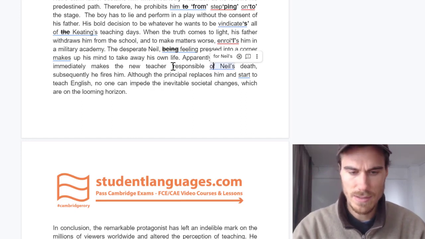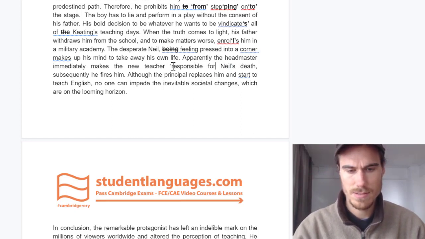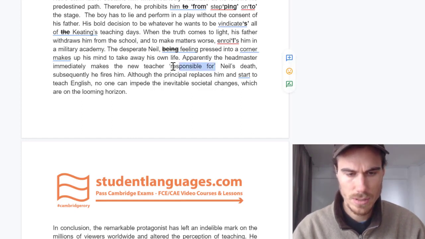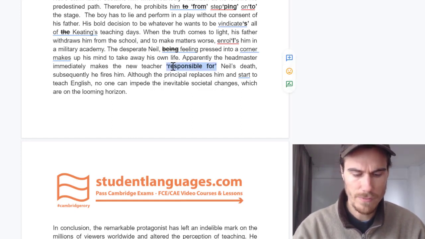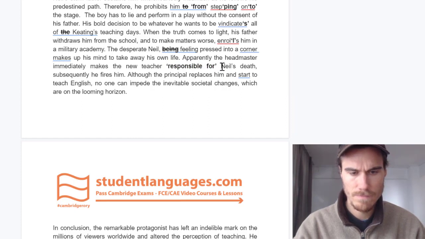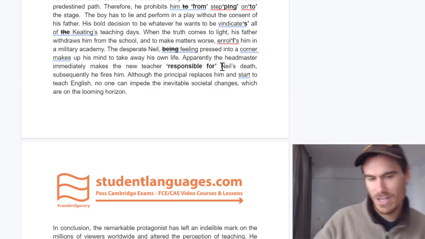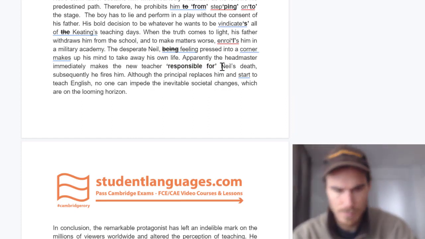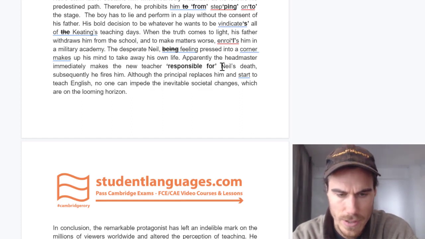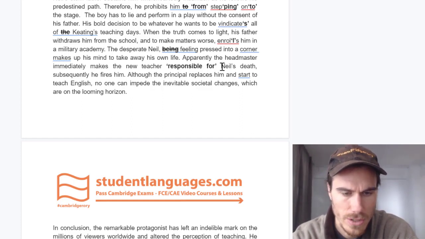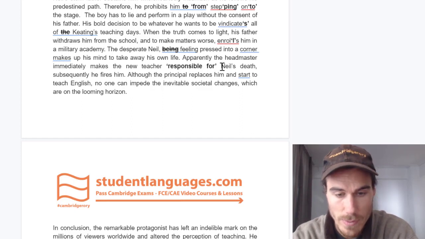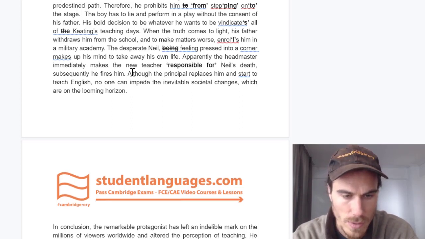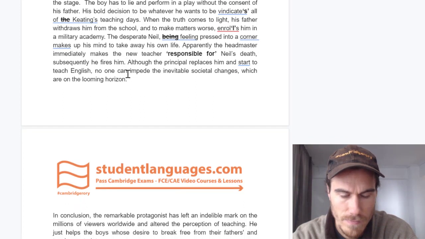It's a classic mistake that Latin language people make, people from Spain and Italy, I notice. Responsible is an adjective, and in some other languages I think it's a noun. But in English it's an adjective, and we always say responsible for. Subsequently, he fires him.